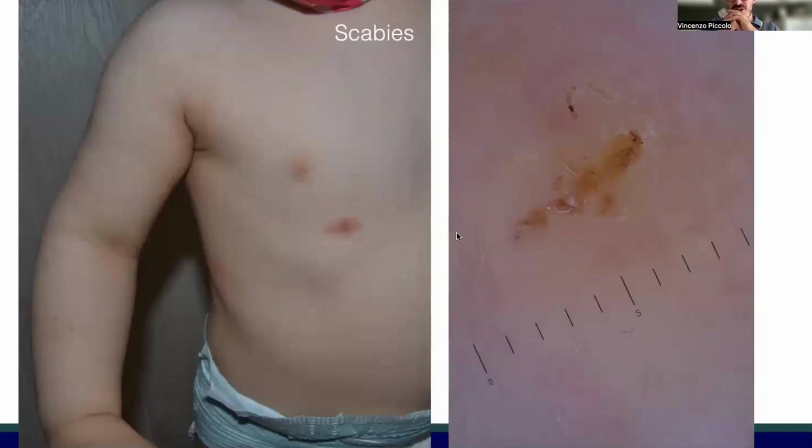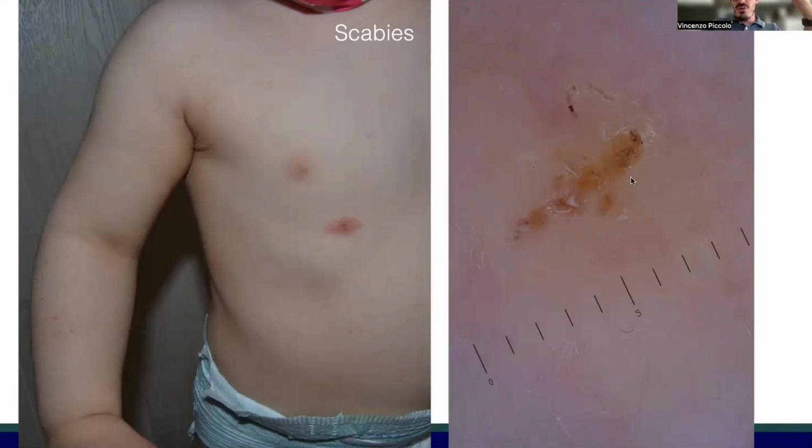And again, in infections, in this case, an infection of the trunk and the whole body in a very small toddler, characterized by intense itch and unspecific lesions with papules, vesicles, erythemato-scaling patches.